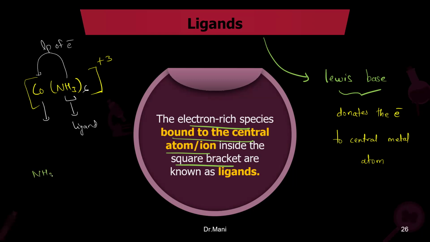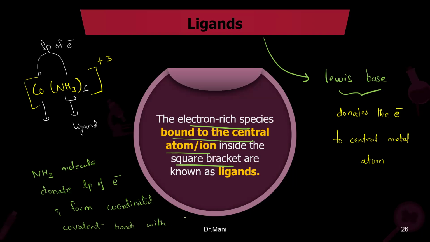So the NH3 molecule acts like a ligand, which will donate a lone pair of electrons and form a coordinate covalent bond with the central cobalt ion.